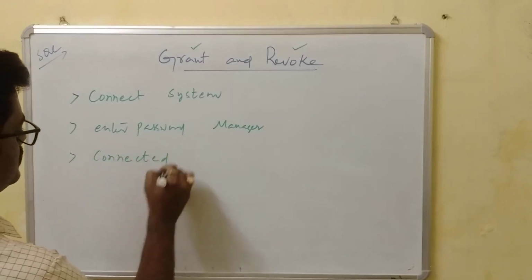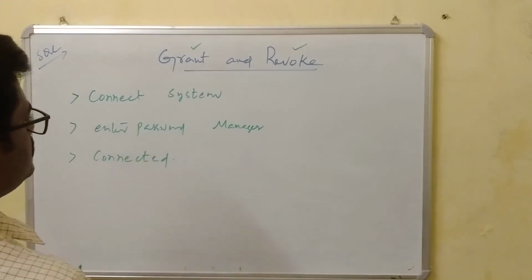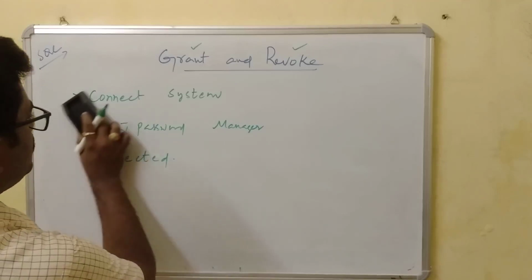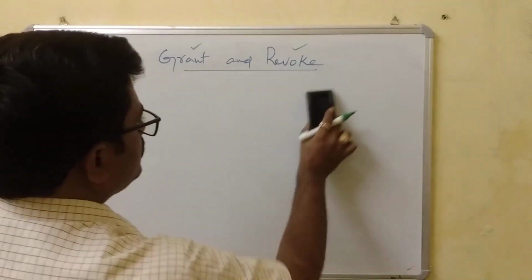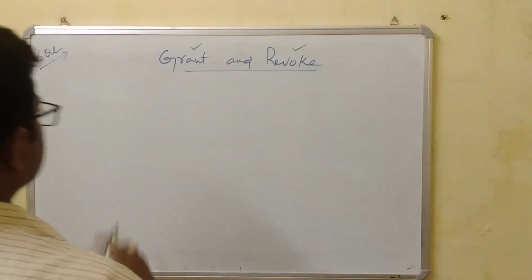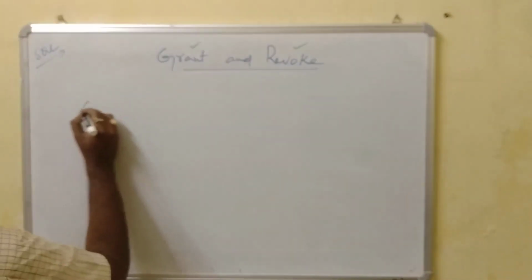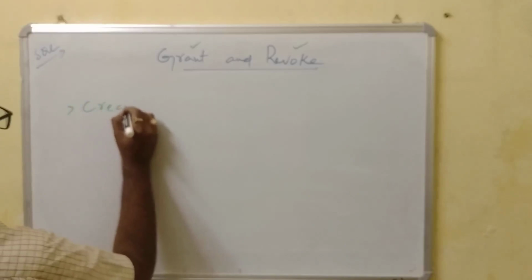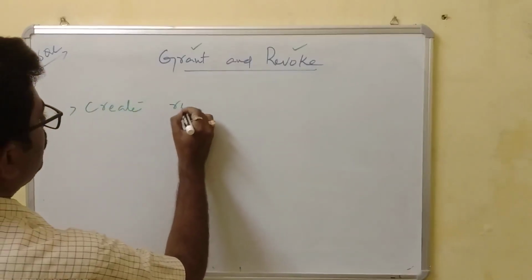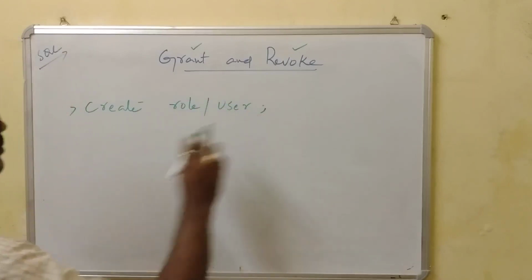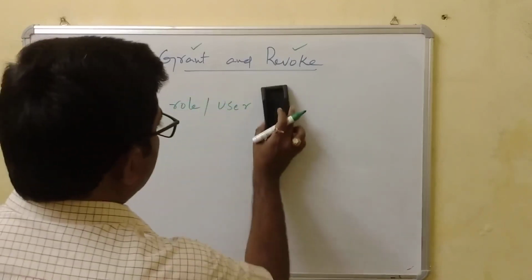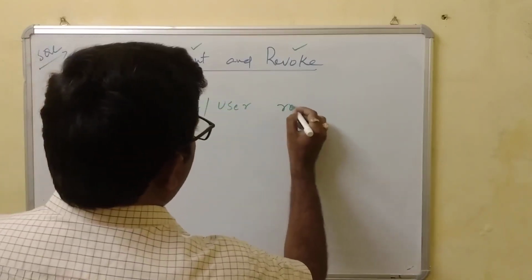So the database is connected. Now we are going to grant the permission to some user. So how to create that user? We need to create a user role or a user. How to create a user? Create role, then the role name or username.